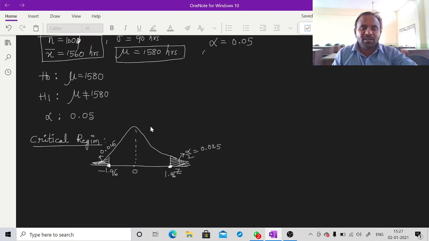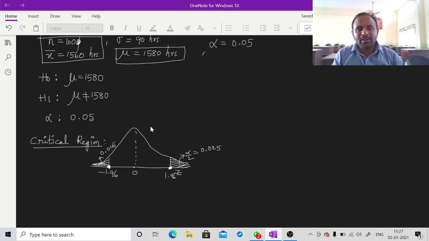You can check the normal distribution tables, where you can find these critical values for this area. Of course, you may denote them with Z alpha by 2, and this point is negative Z alpha by 2.